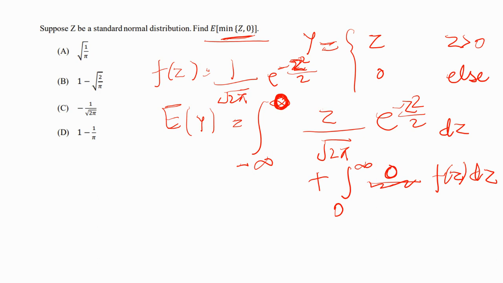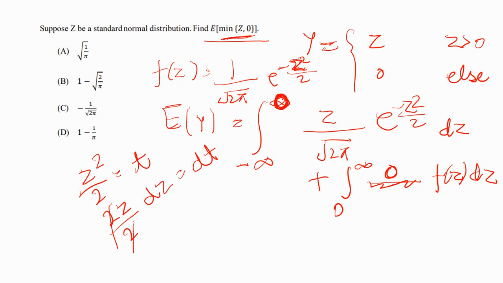Now to solve it, what we will do is we can take z square upon 2 as some t, let's say. So let's take z square upon 2 as t. So 2z by 2 dz will be dt. So z dz we already have. So z dz will be dt, and at minus infinity it will be infinity.